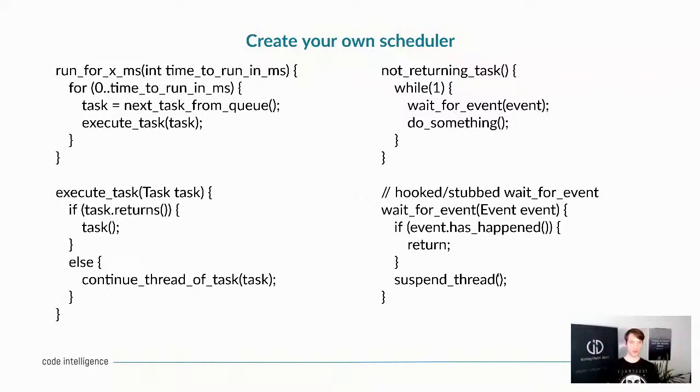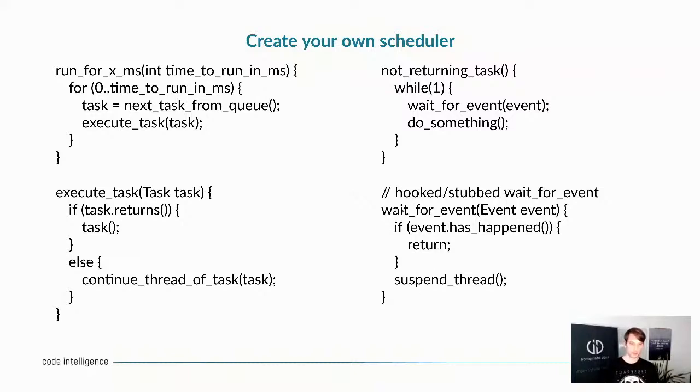So you can wait for an event, and when this event happens, you can have a mechanism so that your scheduler will execute the task here, so that it will continue. But then when you come the next time to this wait for event function, then usually you want to suspend your thread. Maybe you don't want to suspend the thread if the event has happened again. This is also maybe up to you to decide. This is just an example.